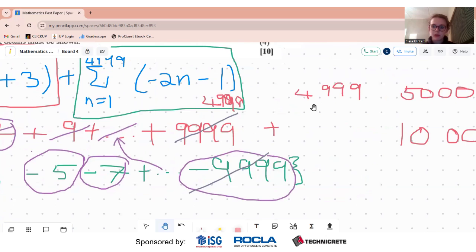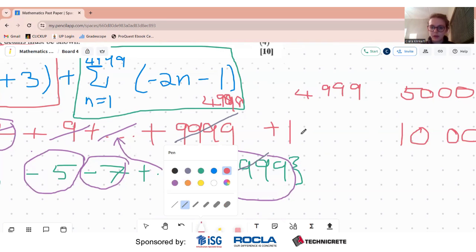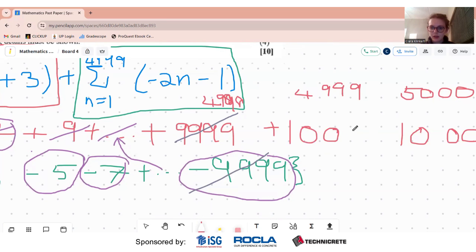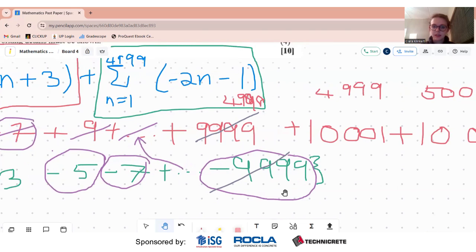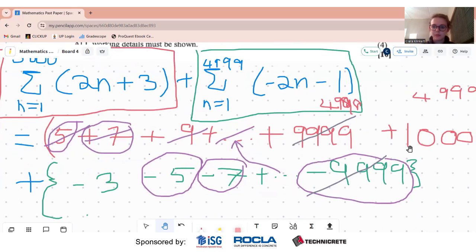But what is my 4,999th term? Well, 2 times 4,999 plus 3 gives me 10,001. I got this by substituting 4,999 in the place of n into this formula.